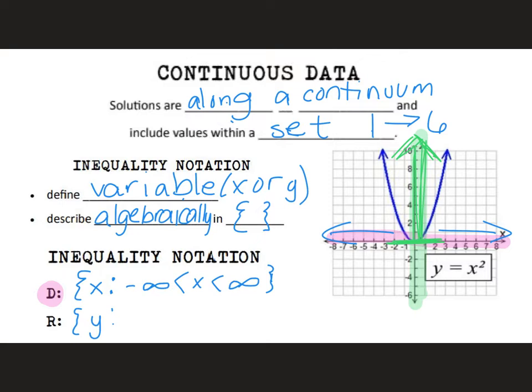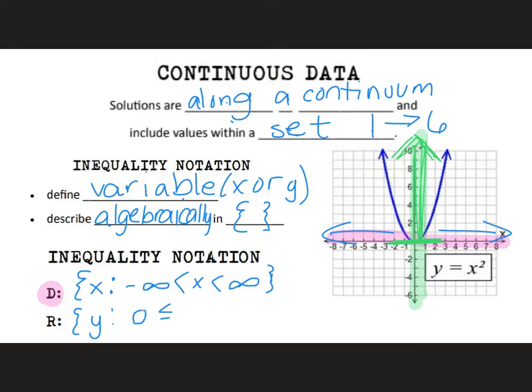So when we go to write our range, we define our variable. The least value is going to be that x-axis, which happens to be 0. So that means we're going to go from 0 all the way, and it includes 0.